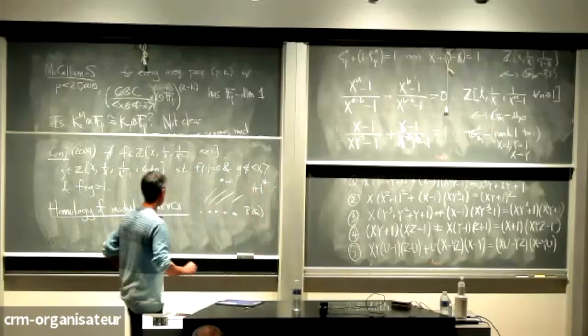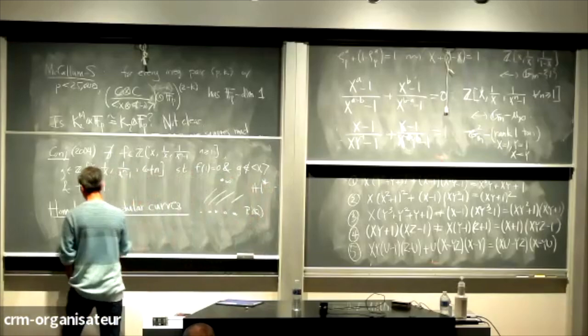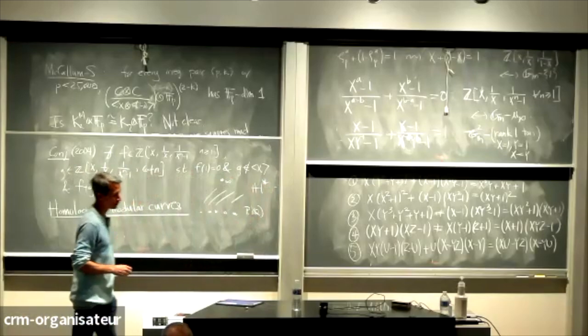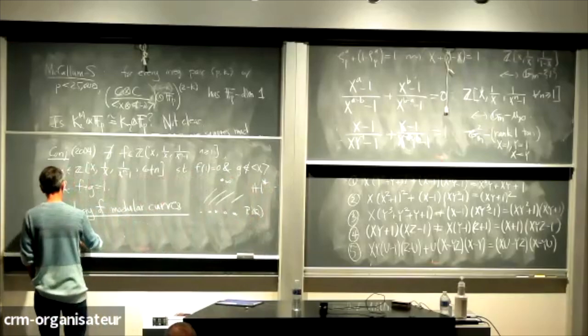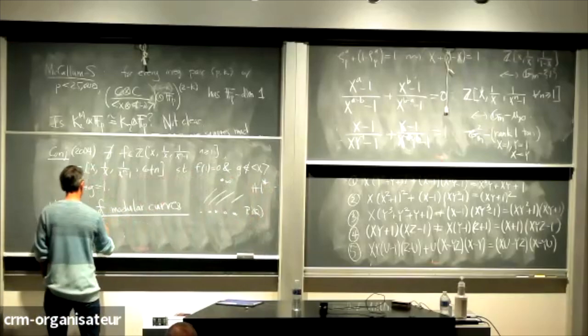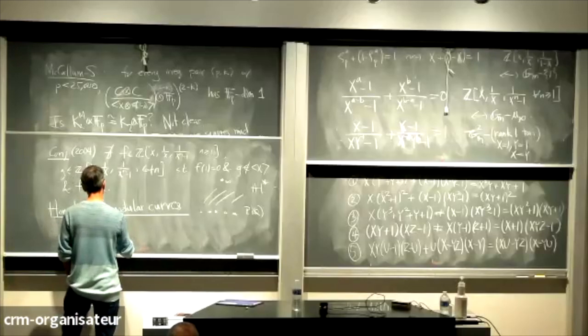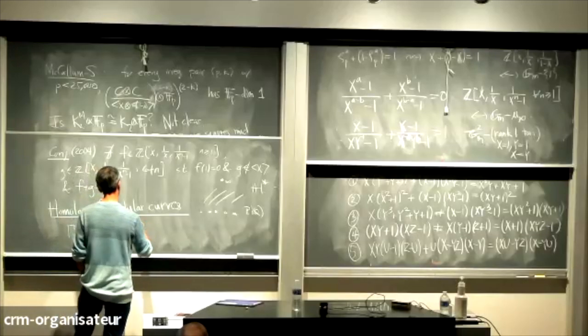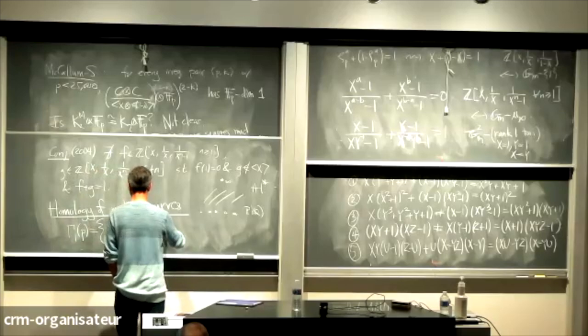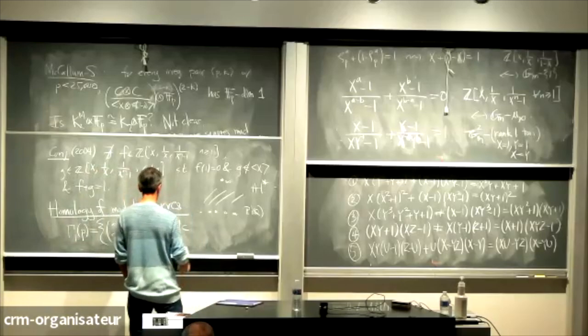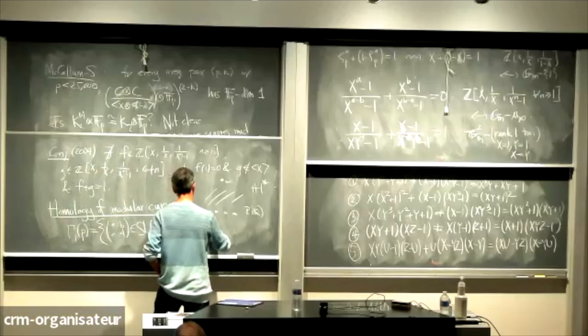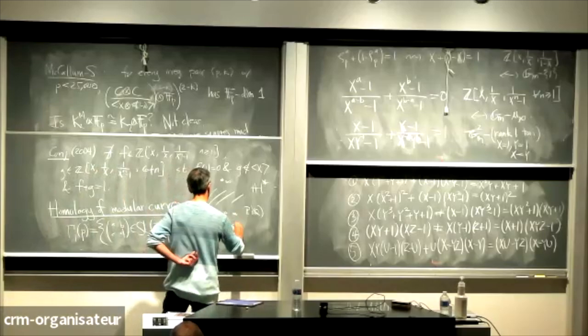And it's acted on by, well, SL2(R), but in particular, it's acted on by a subgroup of SL2(Z) called Gamma_1(p). And this is the (a, b; c, d) in SL2(Z) such that p divides c, and d is congruent to 1 mod p. And p divides d minus 1.